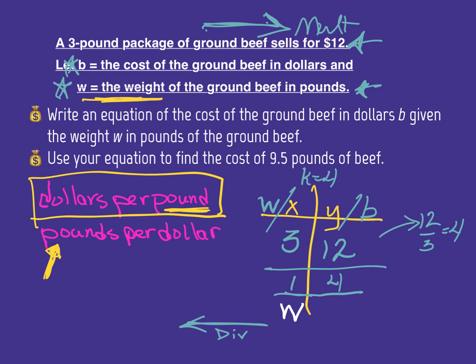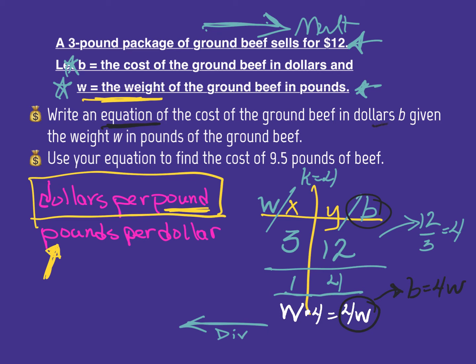I'm doing 4 times W, and that's going to equal, remember, numbers always first, 4W. I'm going to circle that. I'm going to circle B, so that means my equation is B equals 4W. Write an equation, it's right here.